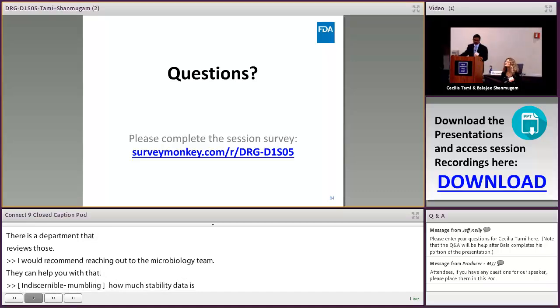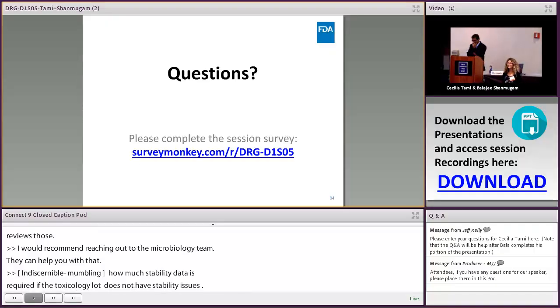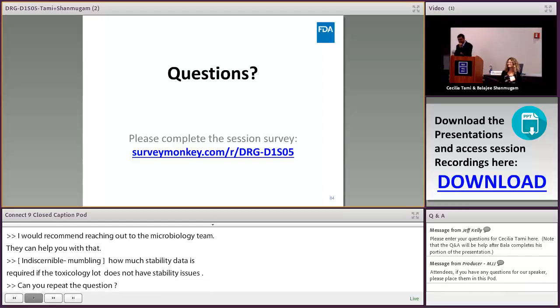Could you tell me again the question? In an initial IND, how much stability data is required for the first clinical lot if the tox lot does not have stability issues at the proposed storage temperature?